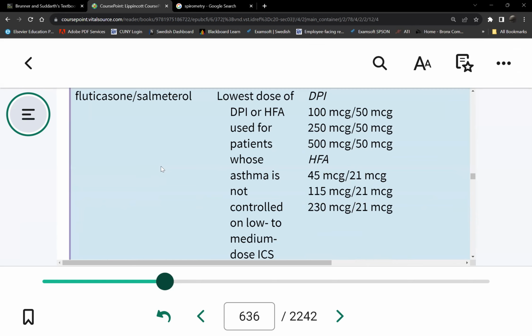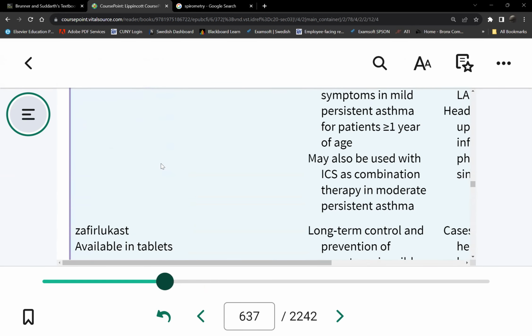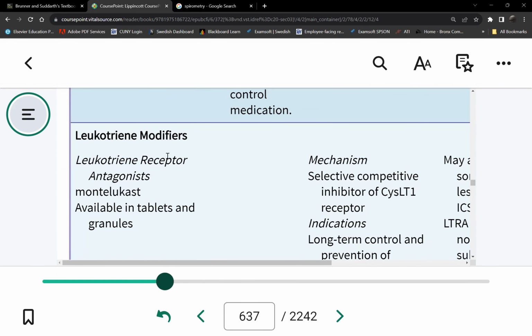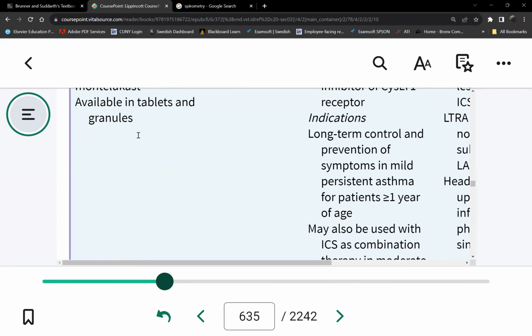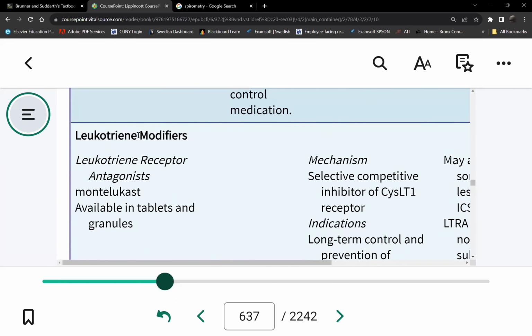All right. I won't read all of them for you. This one only comes in a tablet, 10 milligrams for adults. Leukotriene modifiers are given to both asthma and COPD patients. Yeah, anti-leukotriene.